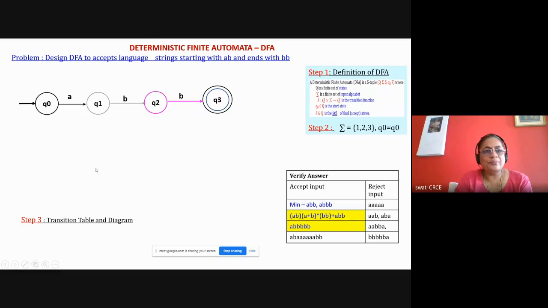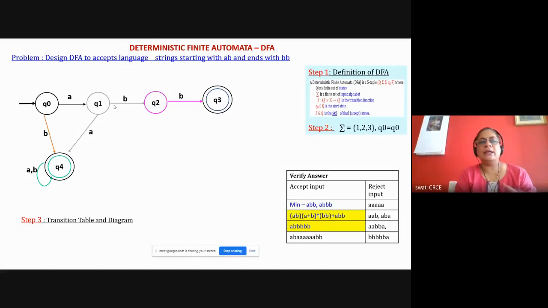Okay, so now in Q0 with B, if it is starting with B, it will be a dead state. So Q0 is over. Now in Q1, if there is any A, it will be the dead state. So Q1 is done. In Q2, if there is any A, it is becoming ABA. Is it allowed?